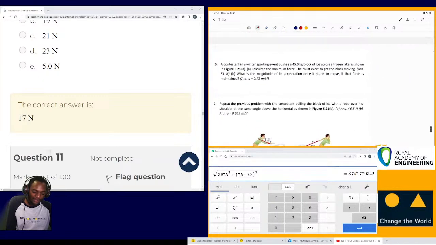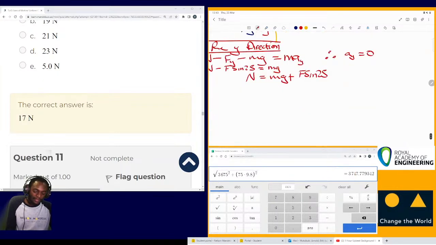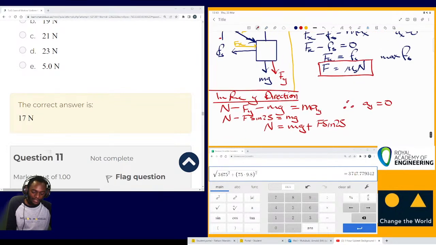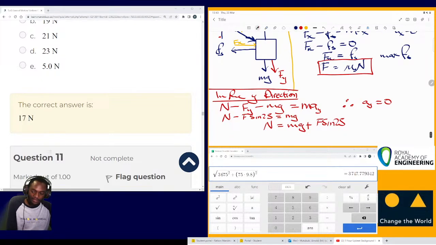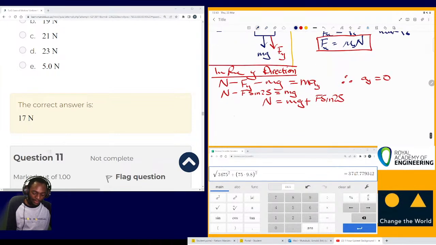Let's not forget, what are we asked to find? The minimum force. So our minimum force in the x is that. So we come back to our equation. We are now going to put all this stuff in place of N. Do you realize that?